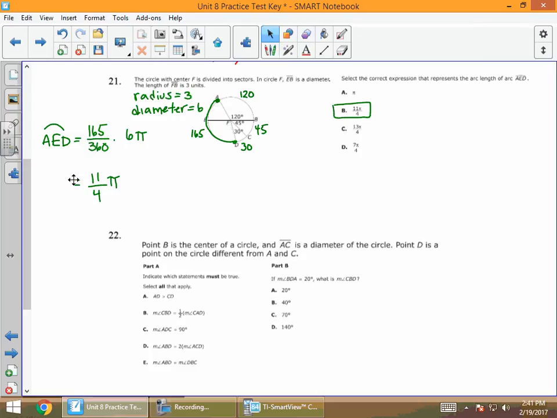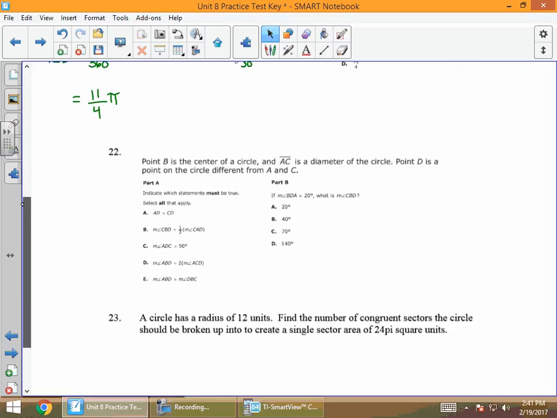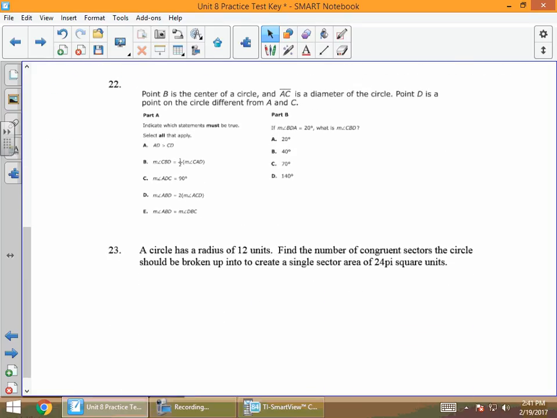Question number 22 has 2 parts. It says point B is the center of a circle and AC is a diameter of the circle. Point D is a point on the circle different from A and C. All right, so let me start by putting a circle on.